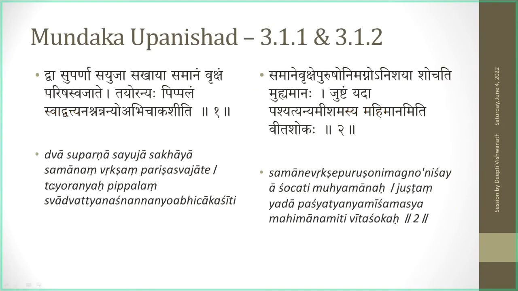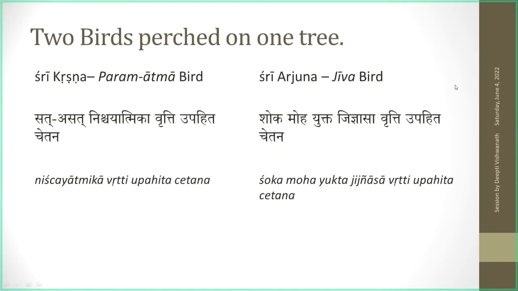Now, continuing from the last class, we saw the two birds from the Mundaka Upanishad. I hope everyone remembers. So the two birds, one sitting at the lower branch, enjoying nicely the fruits, bitter and sweet both. The other one sitting at top. Now, what is the word on top?